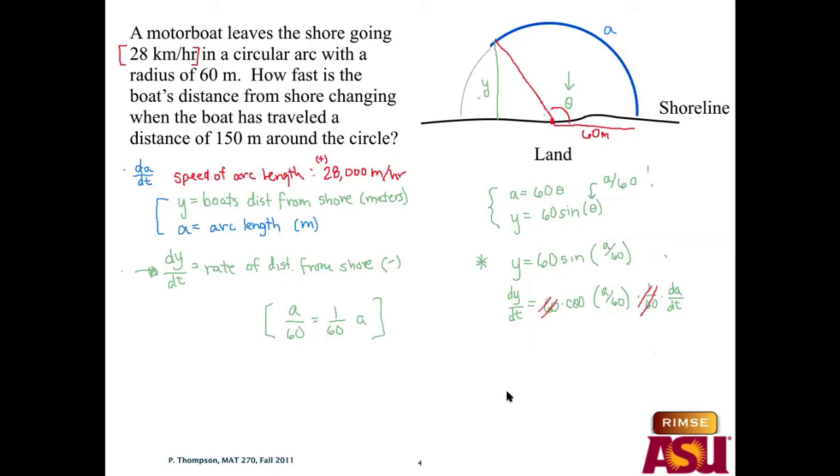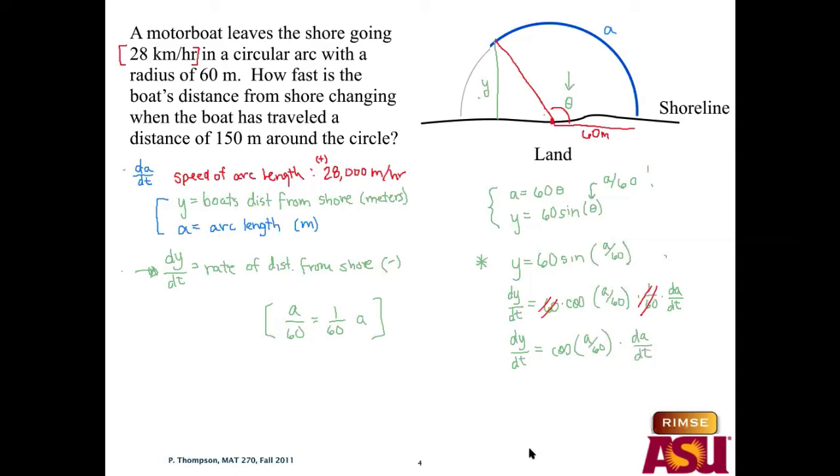So I can make this a little bit less messy to look at, but we have the relationship that we need, dy dt, the rate at which the boat's approaching the shore, could be calculated by finding cosine of the arc length over 60, and the arc length over 60 is 2.5, right? 150 divided by 60 at the point in time we're interested in, times dA dt.